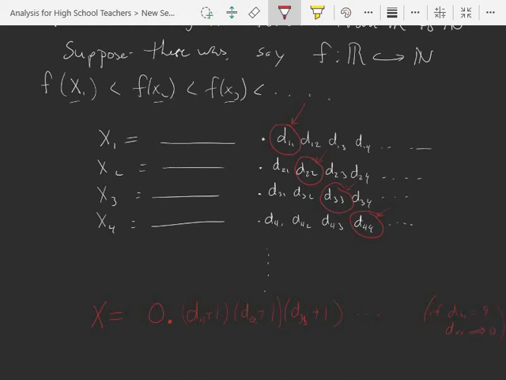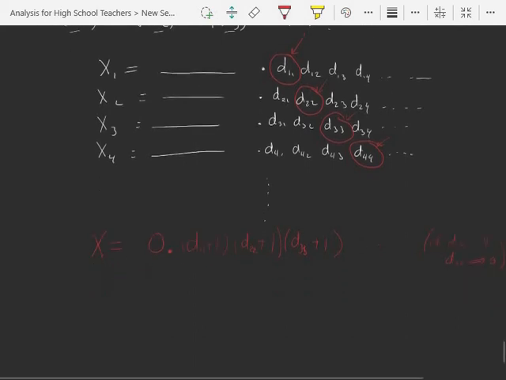Now, this number that I've written down doesn't occur in the list. Right? Because the first digit's different than this number, right? X isn't equal to x1 since D11, the first digits, are different.